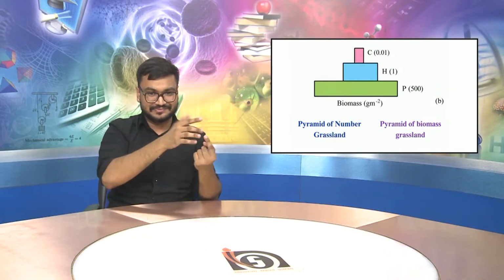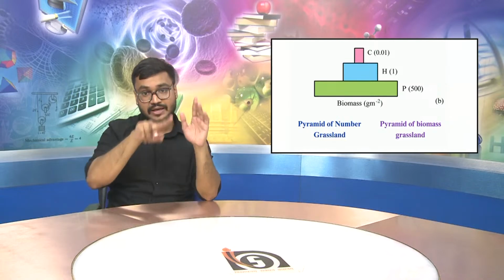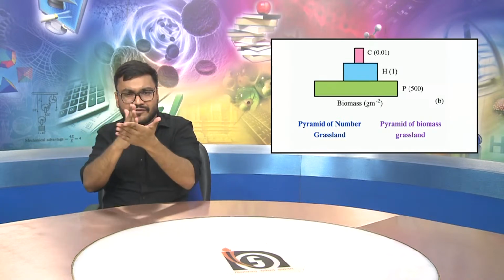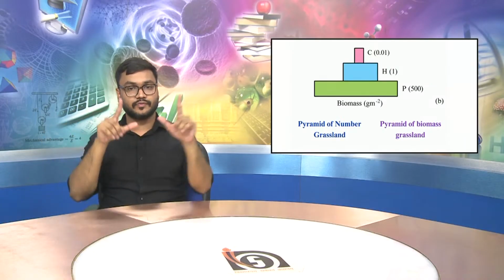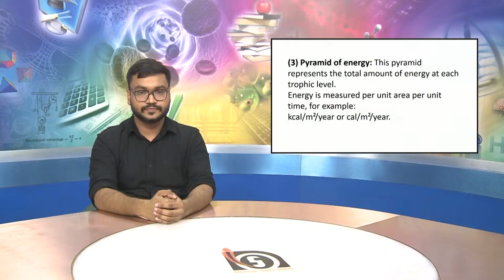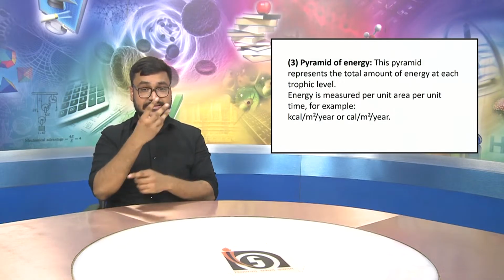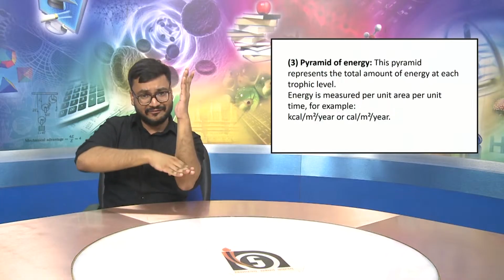The left side shows the pyramid of number grassland and the right side shows the pyramid of biomass grassland with the 3 levels of trophics. And third, pyramid of energy.